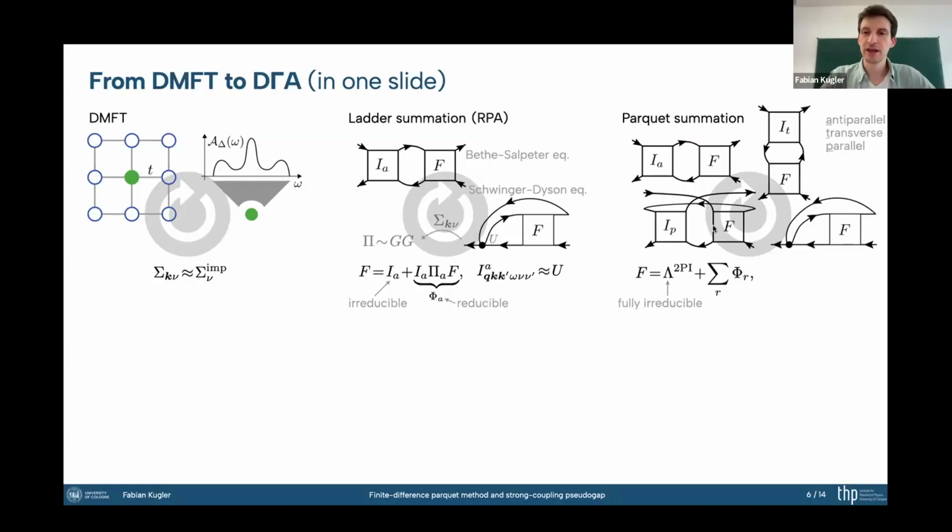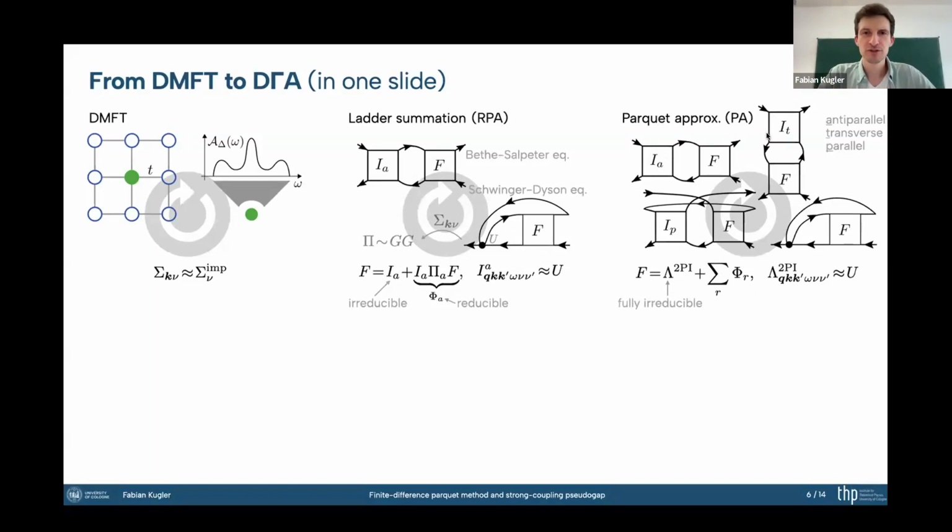This generates reducible contributions in all three channels to the vertex. But this is not everything. There is a remaining fully irreducible part, Lambda 2PI. How to solve it in practice? Well, you need to make some approximation for the fully irreducible building block. If you take it as the bare interaction, you get the parquet approximation, PA.